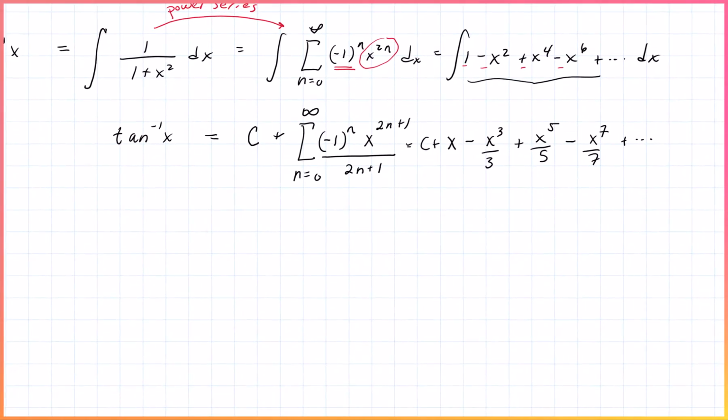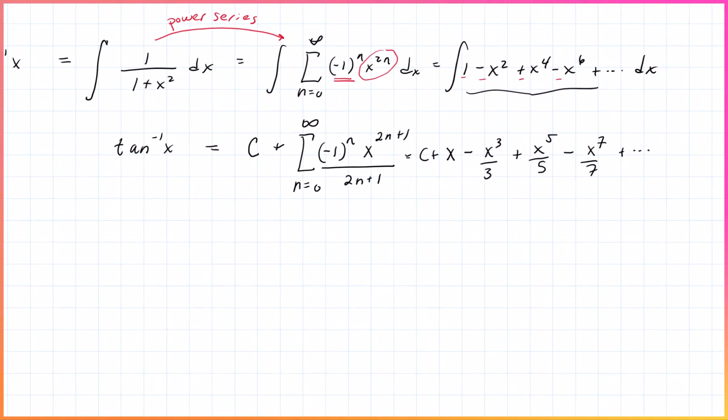So just one last thing that we want to do here, we want to find that integration constant, that c right there. And so what we can do is we can say, since this is true, the radius of convergence and interval of convergence stays the same through integration and differentiation. So what we can say here is let's pick x equals 0.